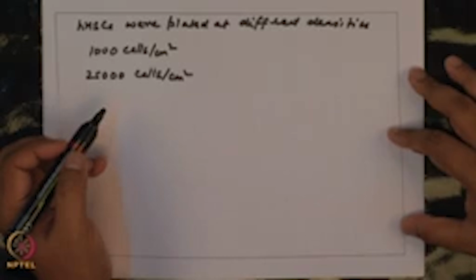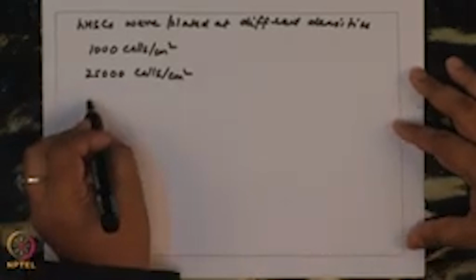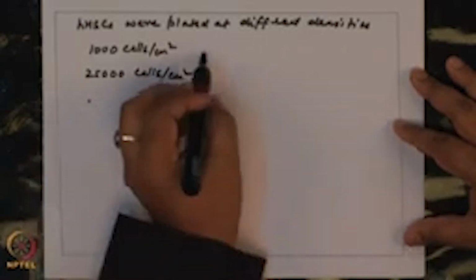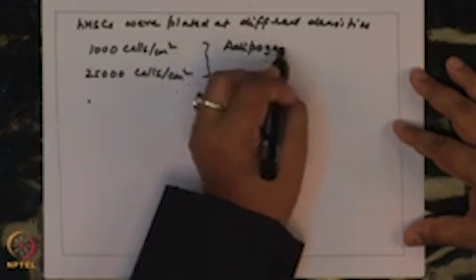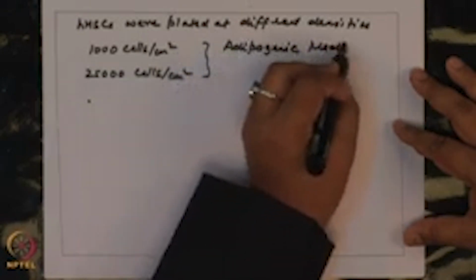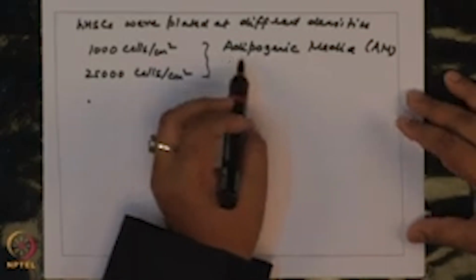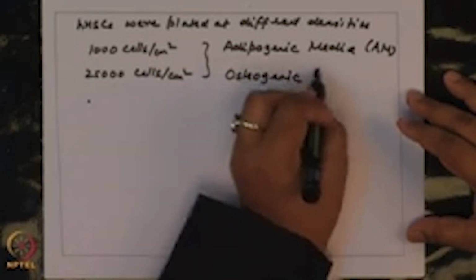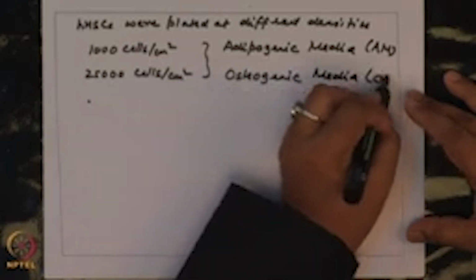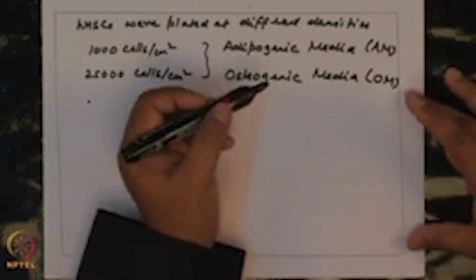And then they also added one more factor, which is a soluble cue or growth factor. They also did these experiments in the context of adipogenic media, which would typically induce differentiation of HMSCs into adipocytes, or osteogenic media, where the chemical factors present in this media induce osteogenic differentiation.